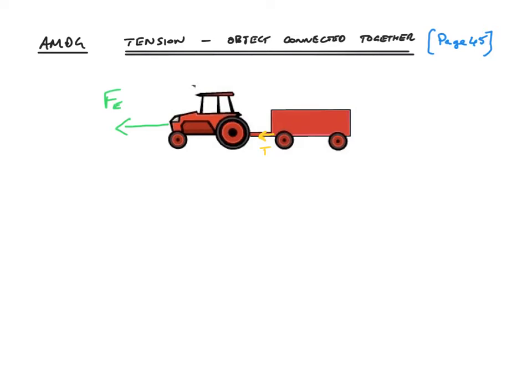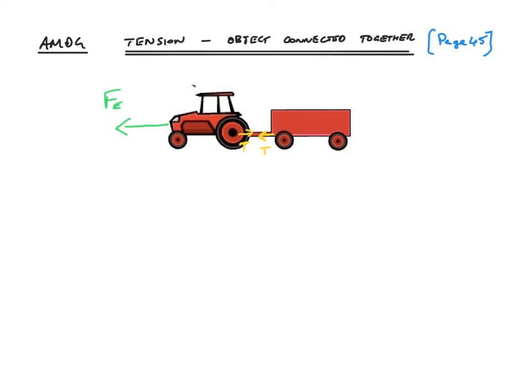So you get a reaction force where the trailer exerts a force on the tractor, and it will be equal and opposite to the force that the tractor exerts on the trailer. So tension always exists in what we would call Newton pairs of forces.